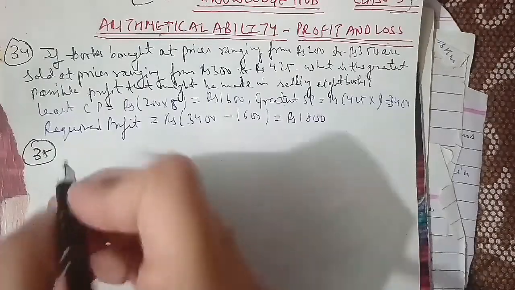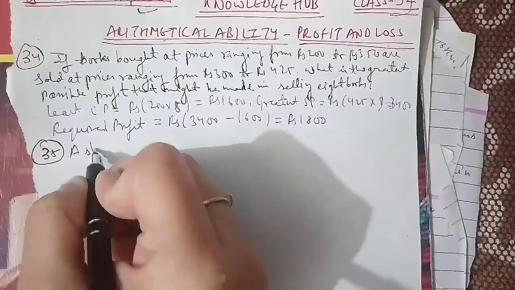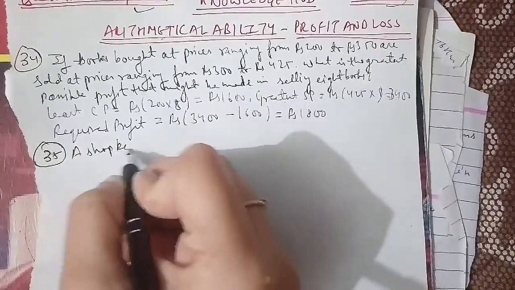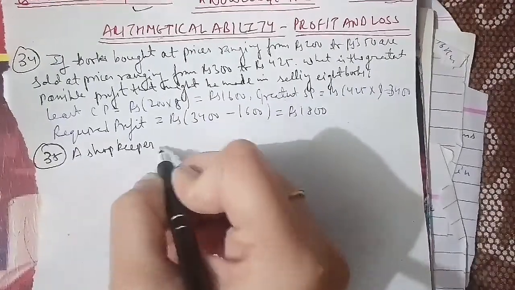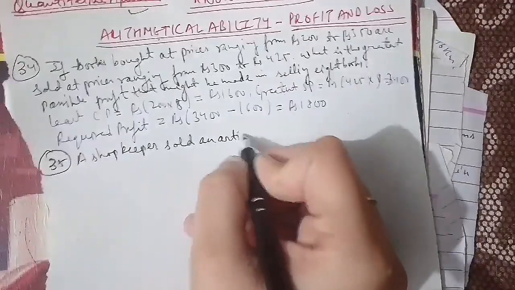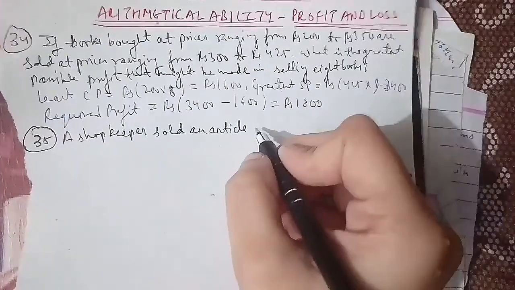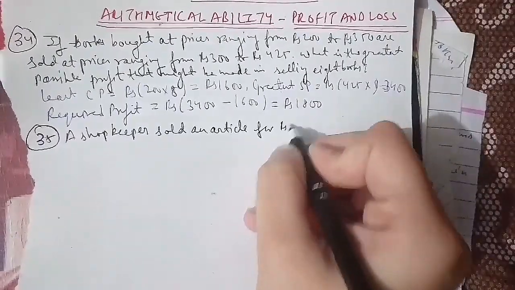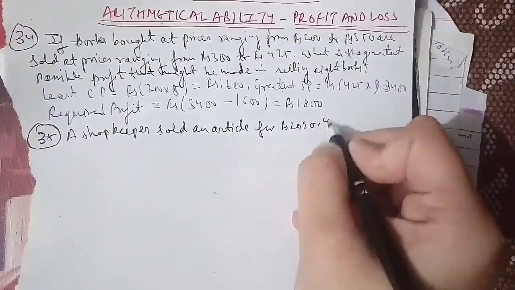So we go ahead. A shopkeeper sold an article for rupees 2090.42.